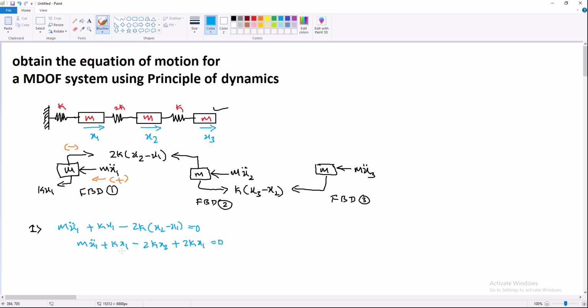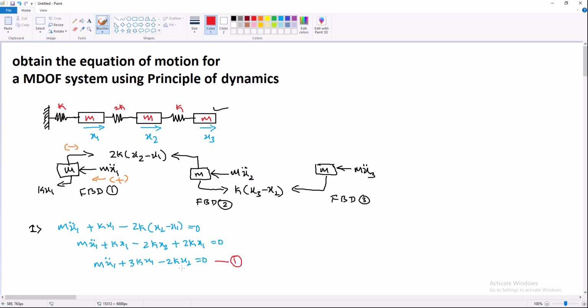So now k x1 is there, 2k x1 is there, this will be 3k x1. Then I can write m x1 double dot plus 3k x1 minus 2k x2, which is equal to 0. So this is the first equation for the first mass.